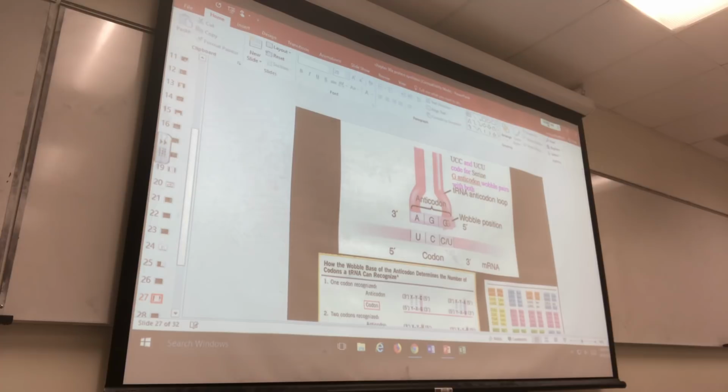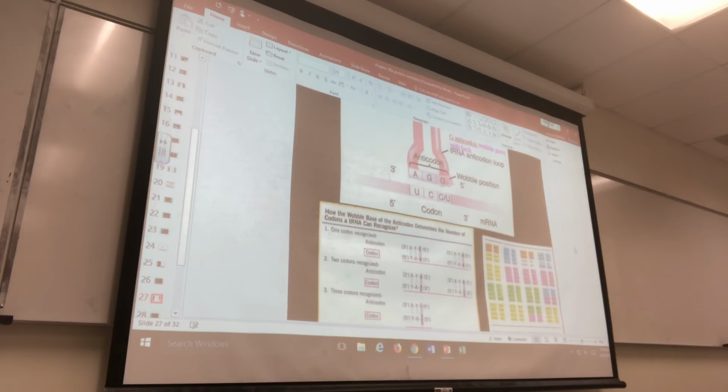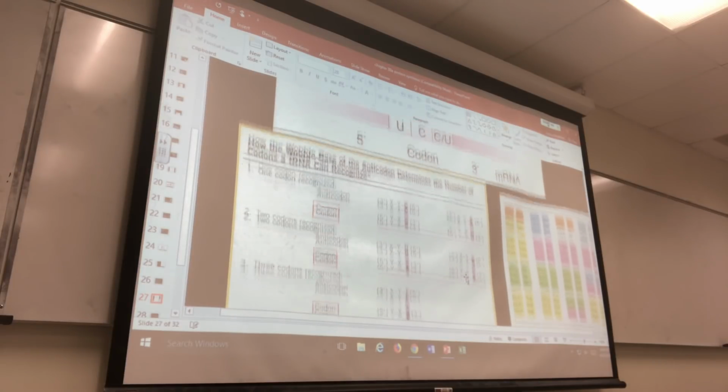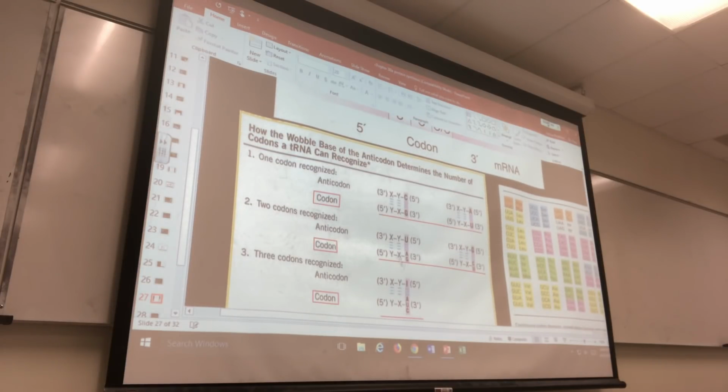That one very often experiences what's called non-canonical base pairing, where the base pairing is not what you'd expect all the time. For example, that's a good example. Over here, let me zoom in. One example of wobble base pairing is on the anticodon, there's a uracil.